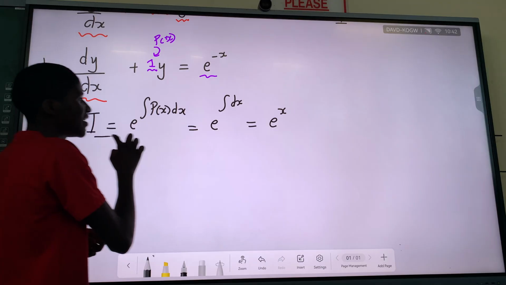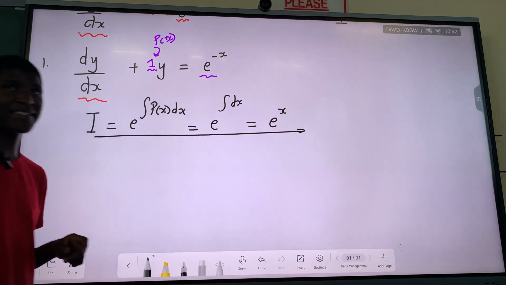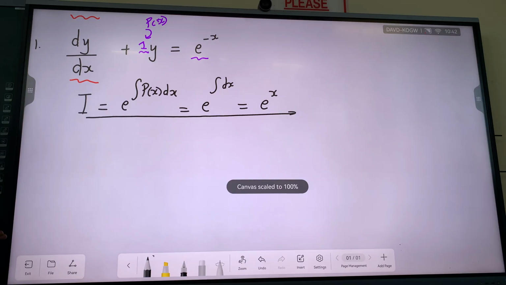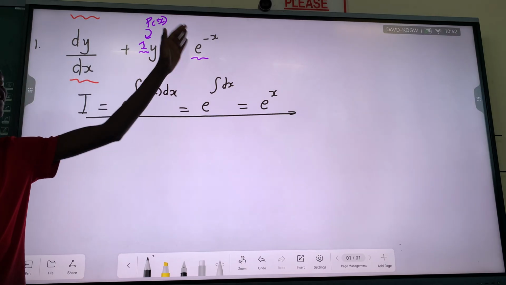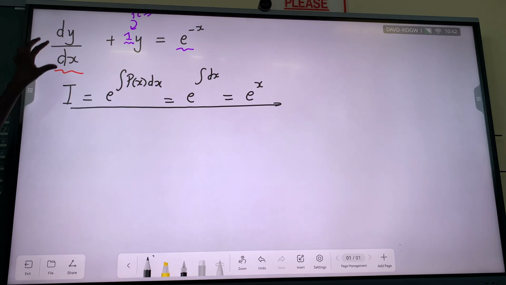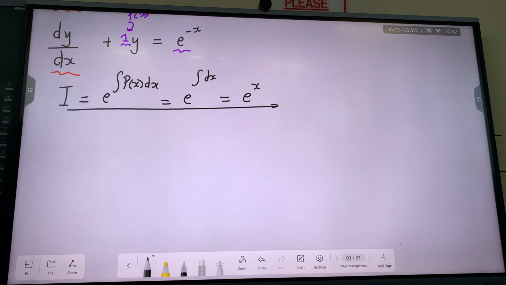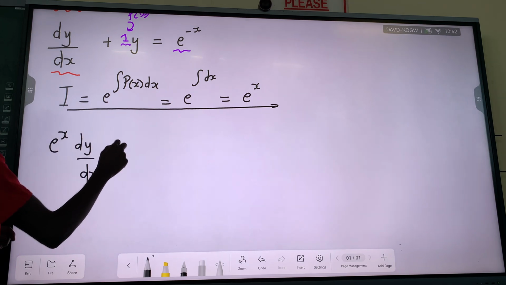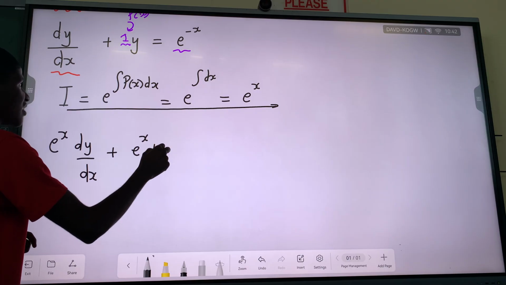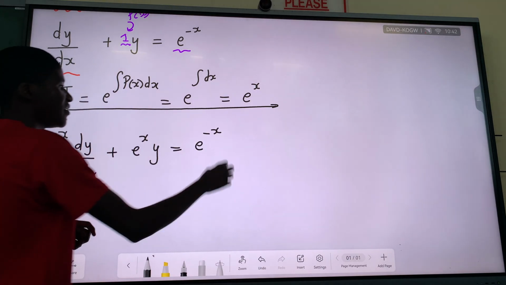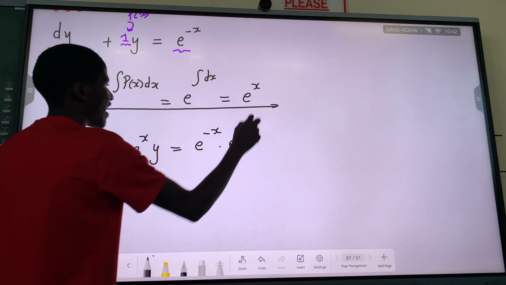This is known as the integrating factor. How do we use it? You multiply the entire equation by the integrating factor, each part of the differential equation, by e to the power of x. So e to the power of x dy/dx plus e to the power of x times y is equal to e to the power of negative x times e to the power of x.